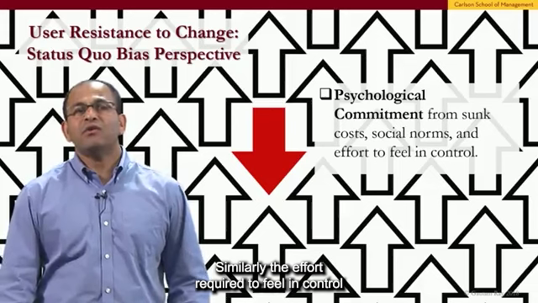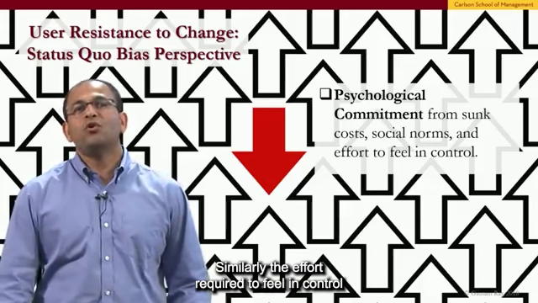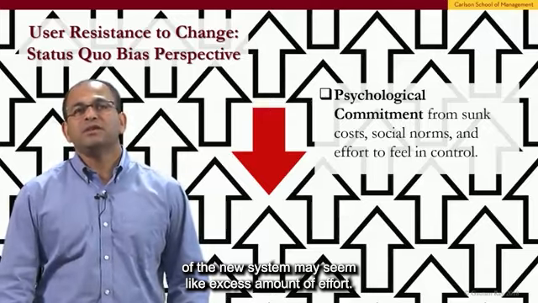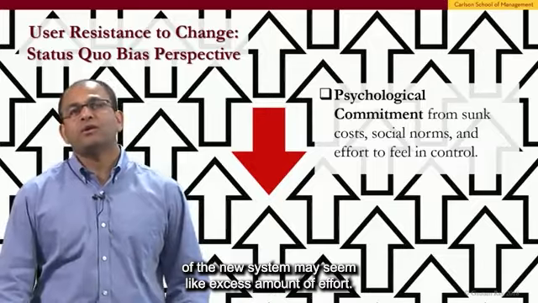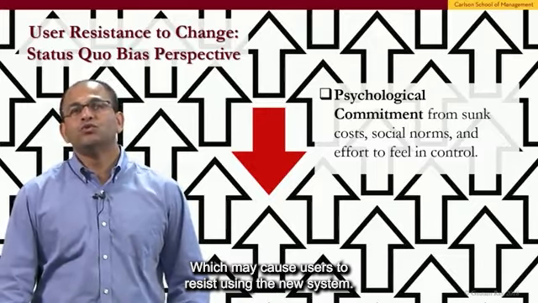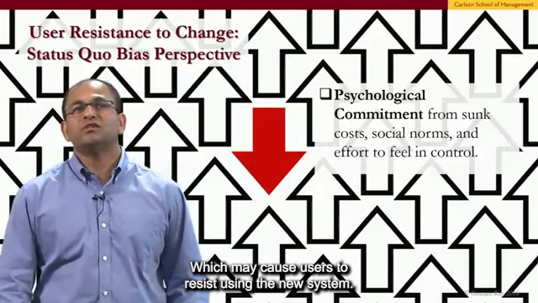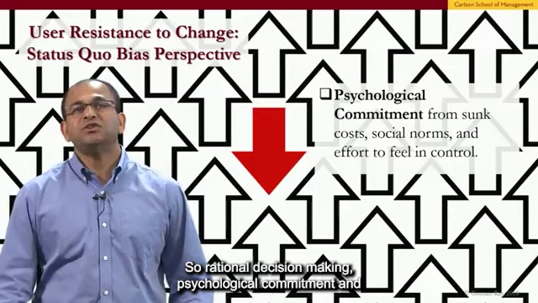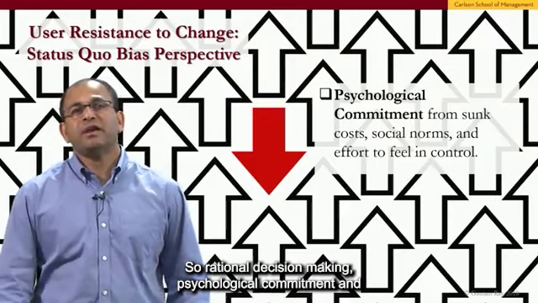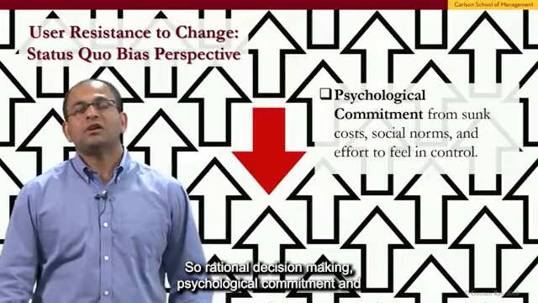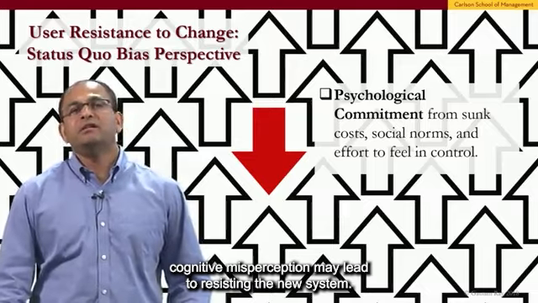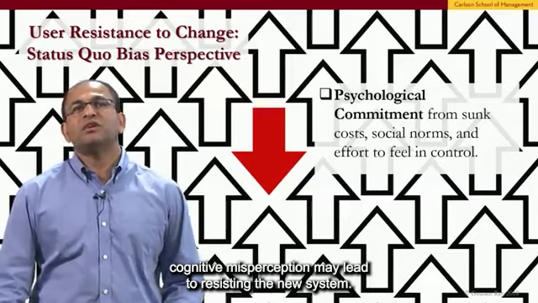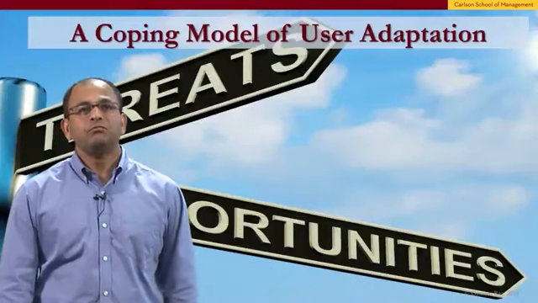Similarly, the effort required to feel in control of the new system may seem like excess amount of effort, which may cause users to resist using the new system. So rational decision making, psychological commitment, and cognitive misperception may lead to resisting the new system.